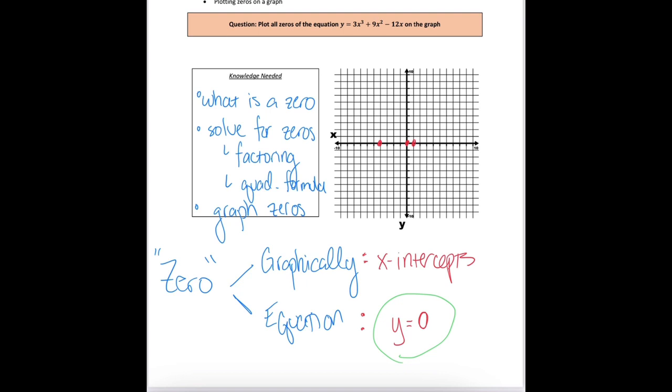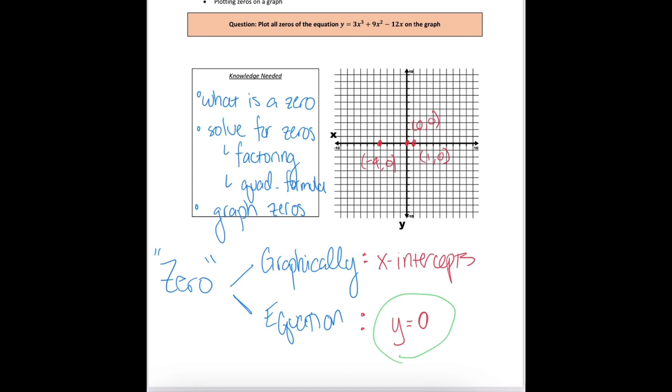Right? Let's go ahead and list out those coordinates as well: (1, 0), (0, 0), (-4, 0). And that's it. We don't have to put down the whole graph of the equation. It just asks us to plot the zeros. And we know that those are the points where this graph is going to cross the x-axis.